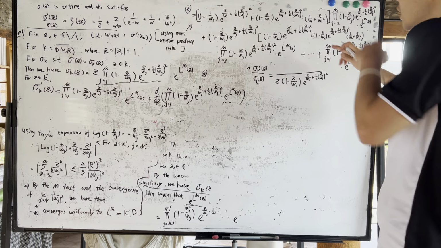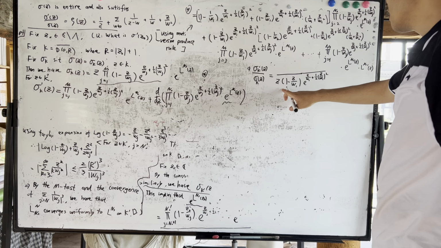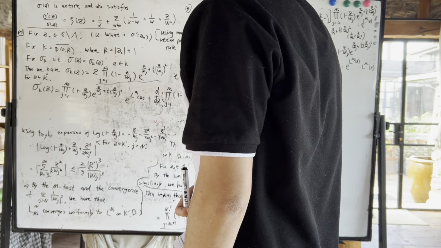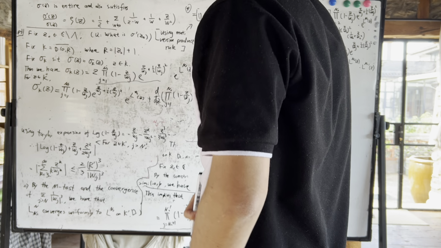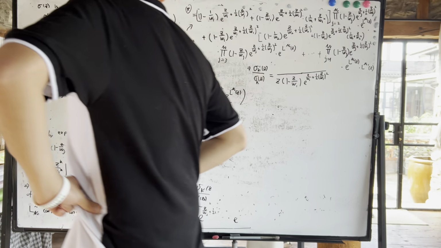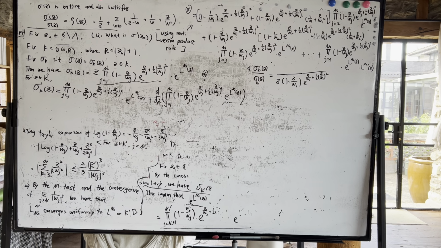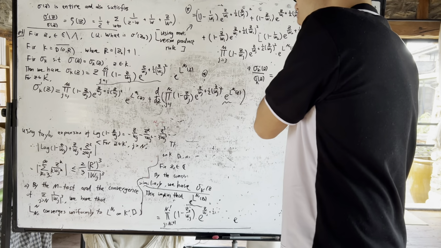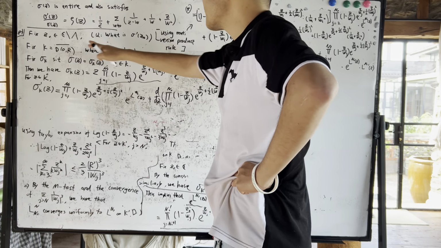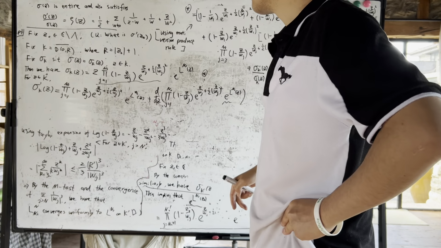And on the numerator, what happened when z is equal to 0? This is because this function is not defined at 0, so we don't need to care about z equal to 0, and also the lattice points as well.